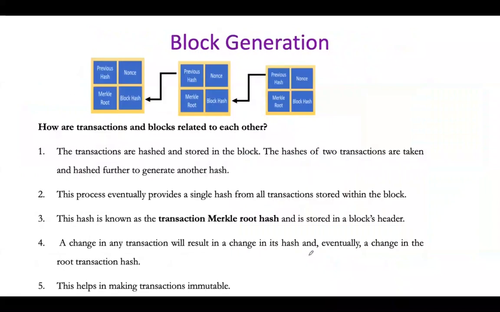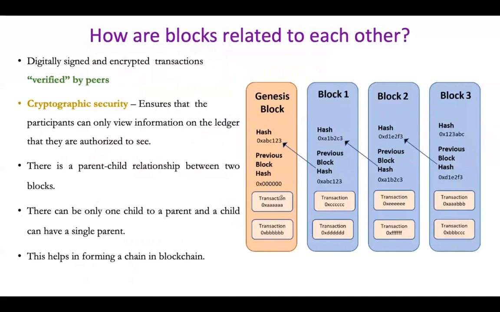As we saw in this case, let us assume this is transaction 1, transaction 2, transaction 3, transaction 4, and so on up to transaction 8, as new transactions. So the transactions are hashed and stored in the block.